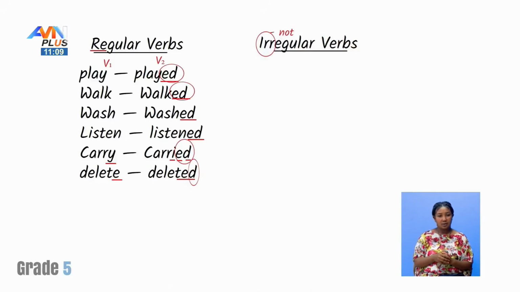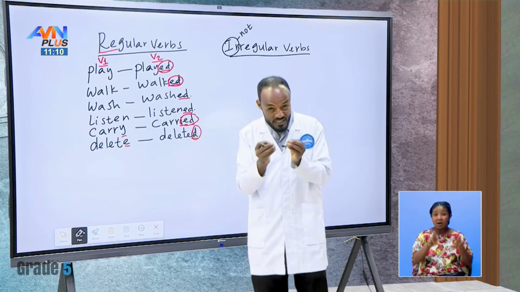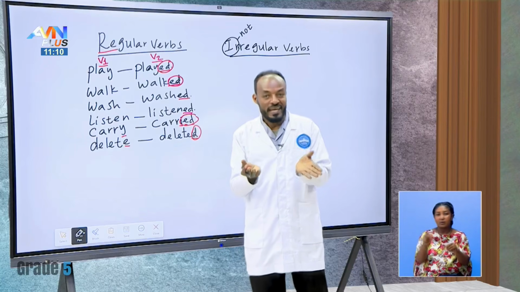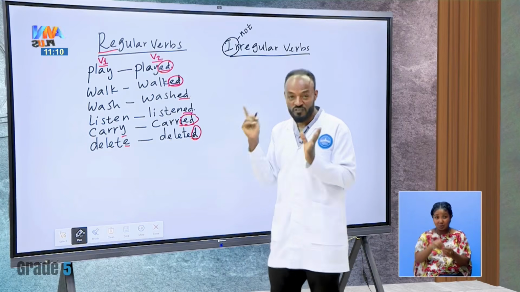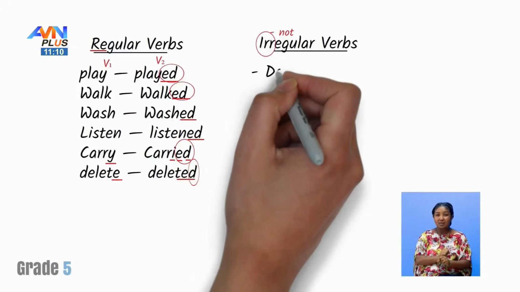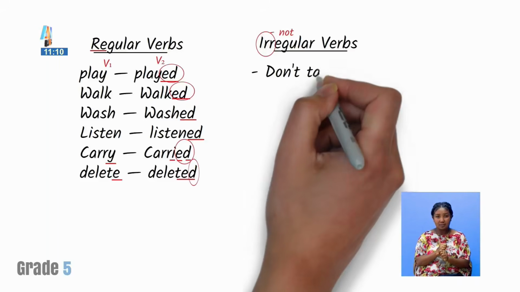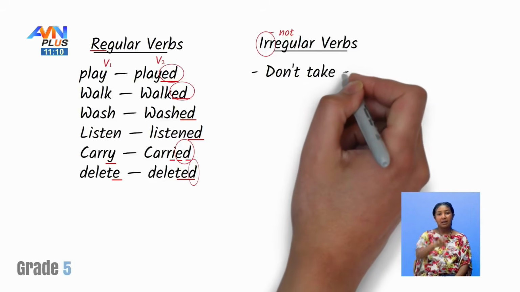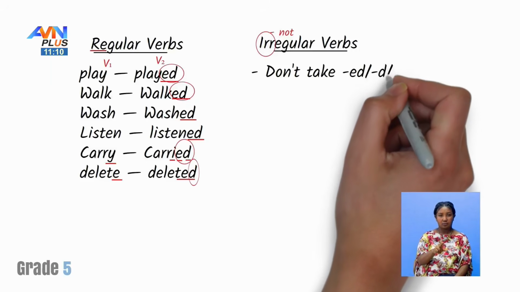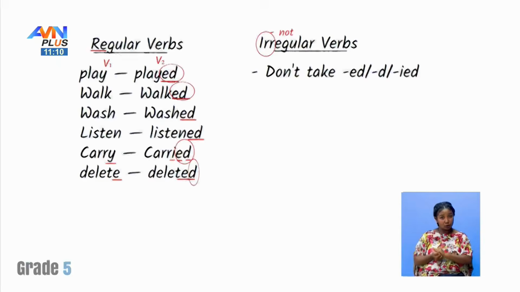This means not regular. Not regular means there is no fixed form. There is no fixed rule. And also, a regular verb means the verb which does not take ed, d, or ied when you want to change into verb 2.